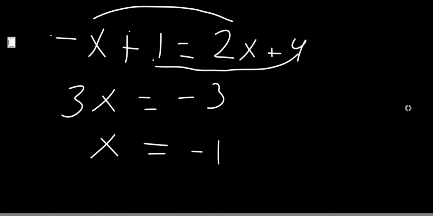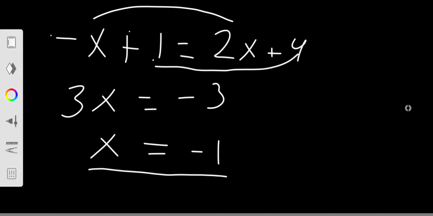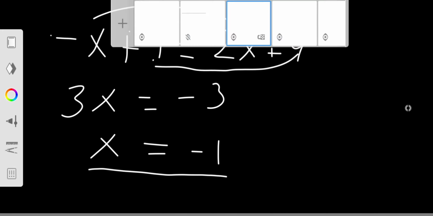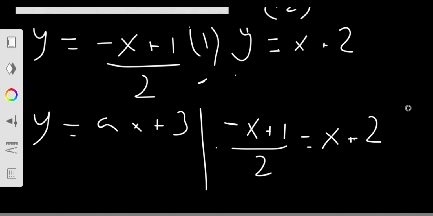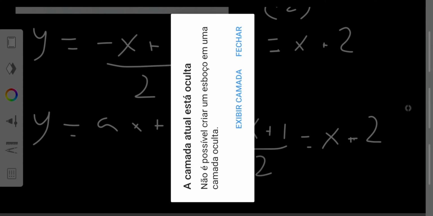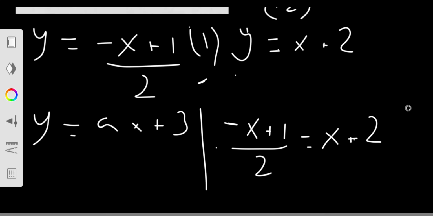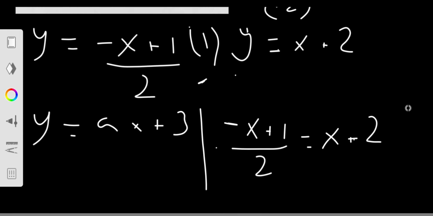Okay? So what does this x mean? This is the x where this line over here and that line over there intersect.